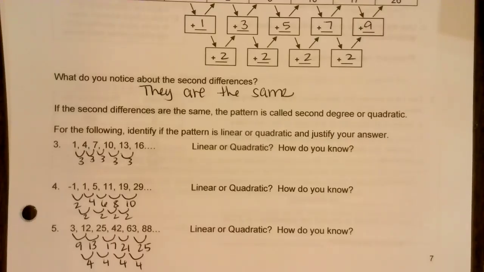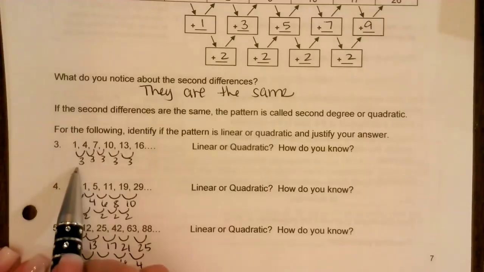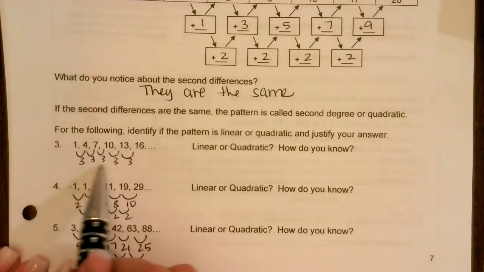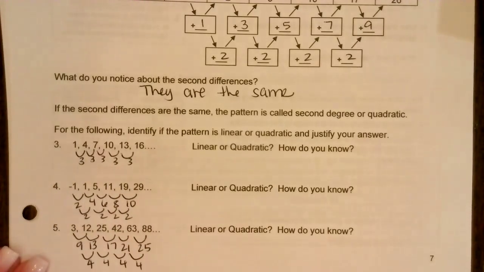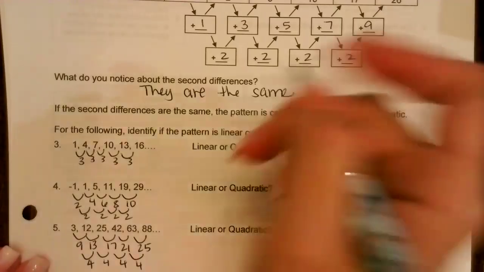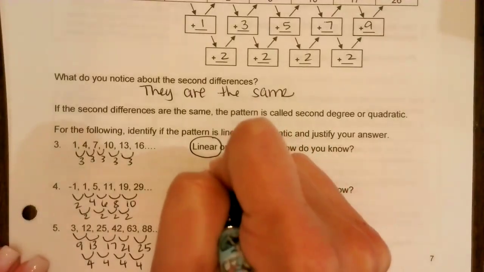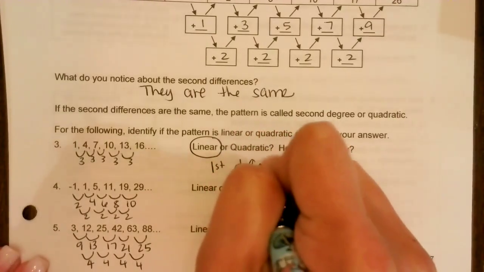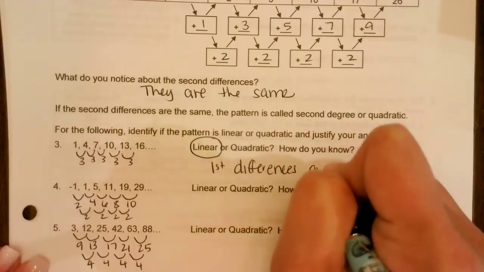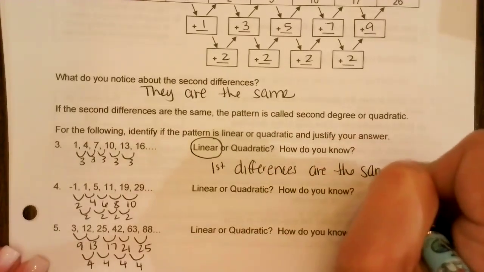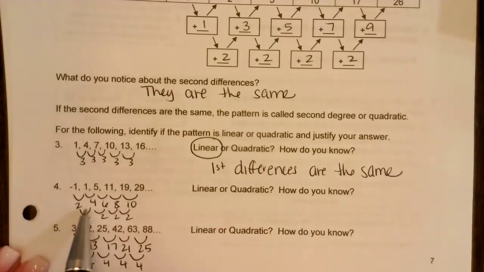Now we can see our differences on this first example here. Our first differences are all 3. It's got a constant first difference there, and so this pattern is considered linear because the first differences are the same. On our second pattern here, the first differences were not the same, so I know it's not linear.